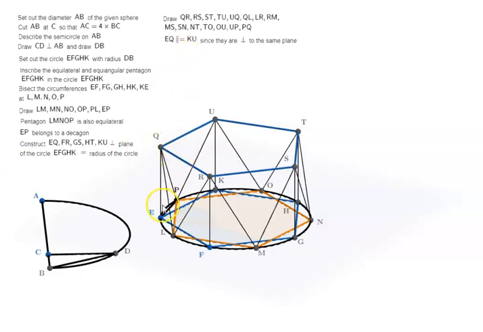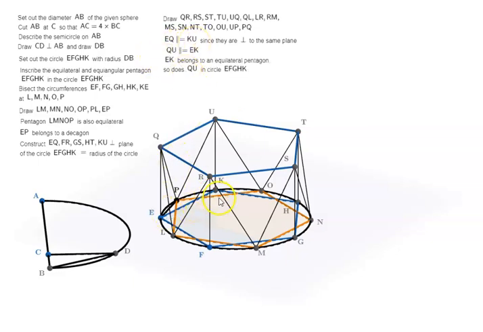Now here EQ is parallel and equal to KU because they both are perpendicular to the same plane. So that means QU is also parallel and equal to EK because they are joining the endpoints of EQ and KU.